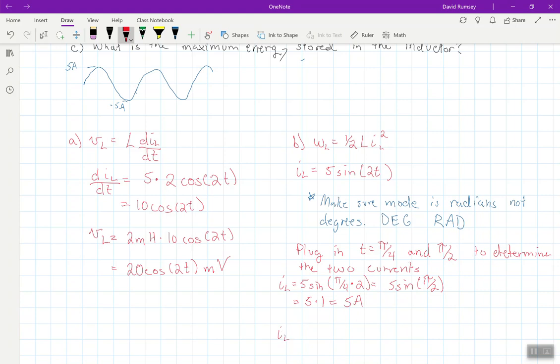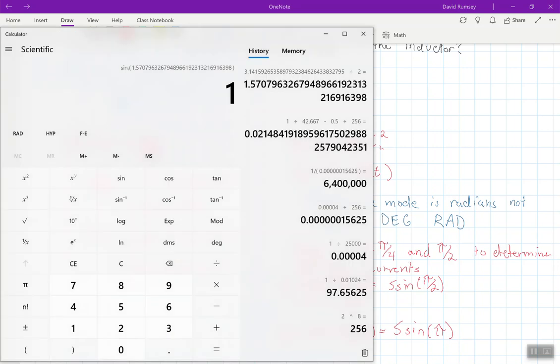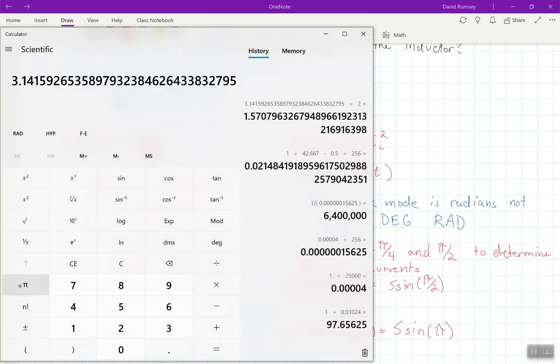Now, if I do this at pi over 2 seconds, this would just be 5 sine of pi. And then, again, if you've had trig, you might know what the answer to this is, but this is where we can use our calculator.